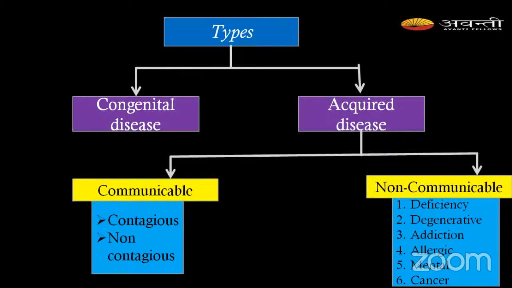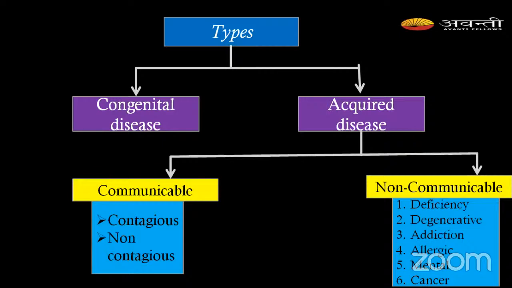So student, when coming to the types of disease, there are two types. One we call congenital disease, and the other is acquired disease. What do you mean by congenital disease? The disease acquired by birth. If any person has a disease from birth, we call it a congenital disease.